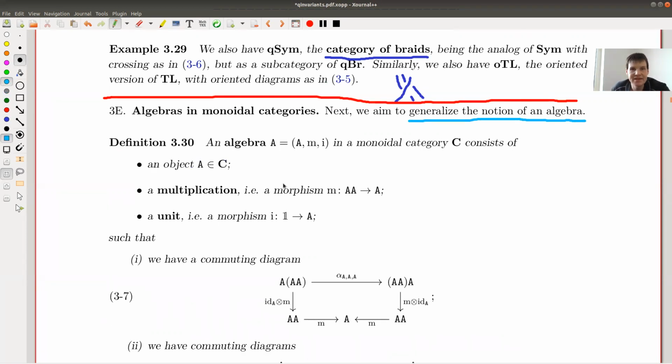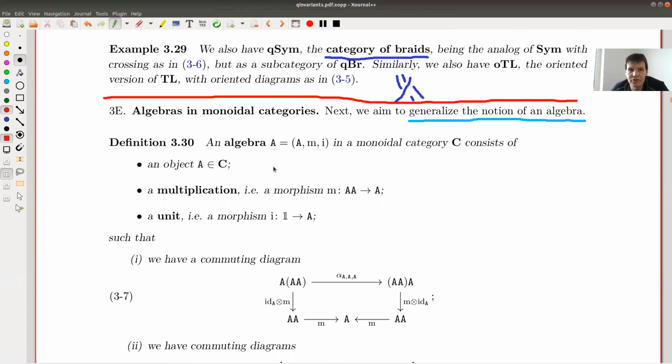And an algebra in a monoidal category is nothing else than, well, what was an algebra? An algebra was something with a multiplication. With a little bit of bad terminology, it should be more like a monoid in a monoidal category, but the standard terminology in quantum topology would be an algebra. Anyway, it has a multiplication and it has a unit, and you just do everything in your category.